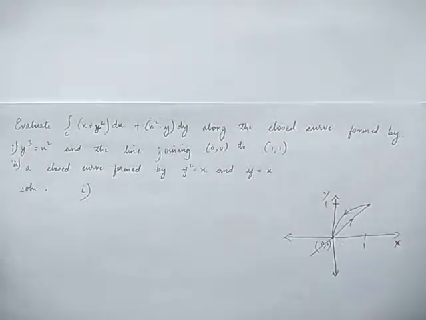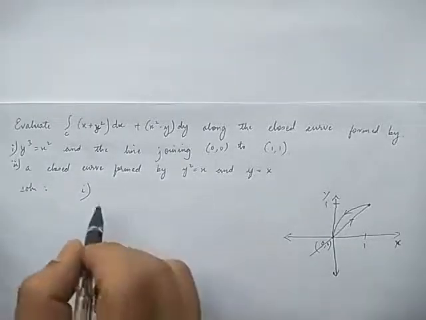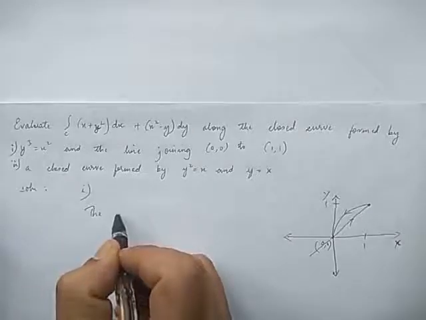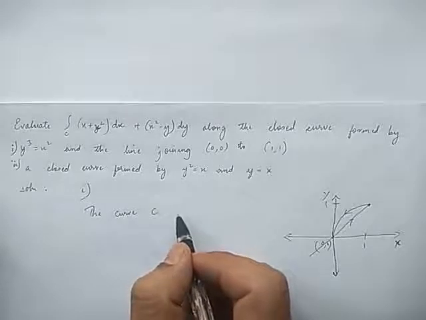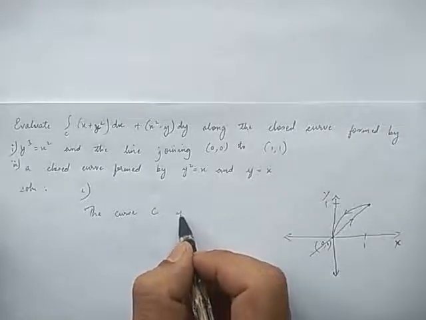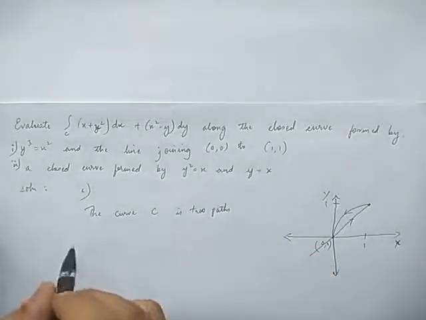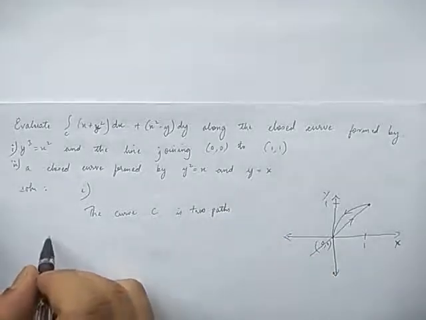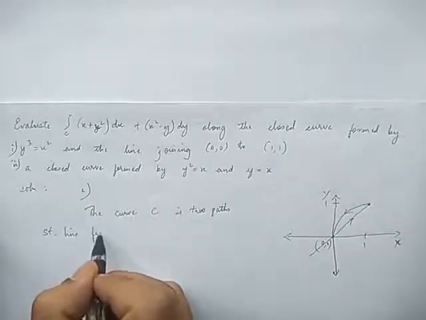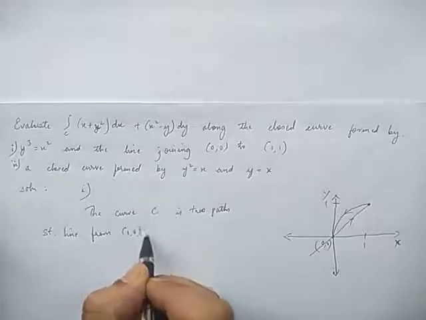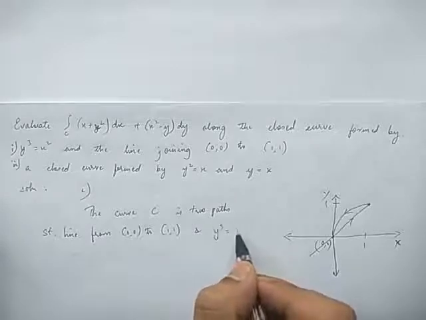So we can say that the curve C consists of two paths: a straight line from 0, 0 to 1, 1, and y cube equal to x square.